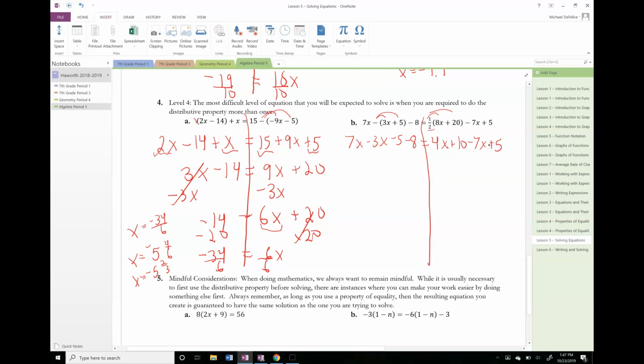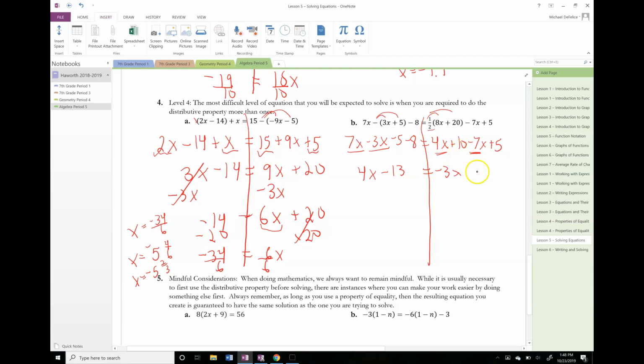Now I'm going to look for like terms. 7x and a negative 3x is going to combine to 4x. And then negative 8 plus negative 5 is going to be negative 13. And the right-hand side is going to become 4x plus negative 7x is negative 3x.